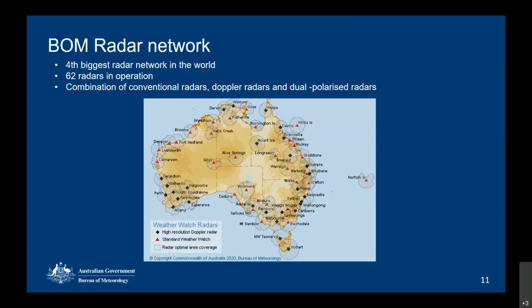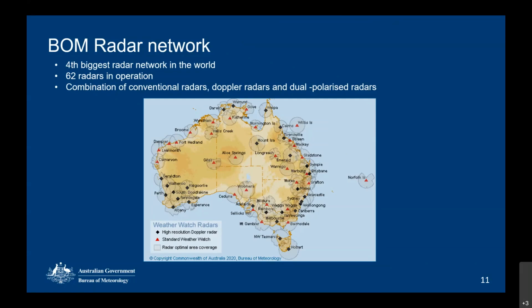We have a combination of Doppler radars and Doppler radars that are dual polarized, and also conventional radars as well. And I'll cover those a bit more in depth when we go throughout. But generally speaking, a Doppler radar on the Bureau's radar network page will be a black diamond, and a non-Doppler radar will be a red triangle.